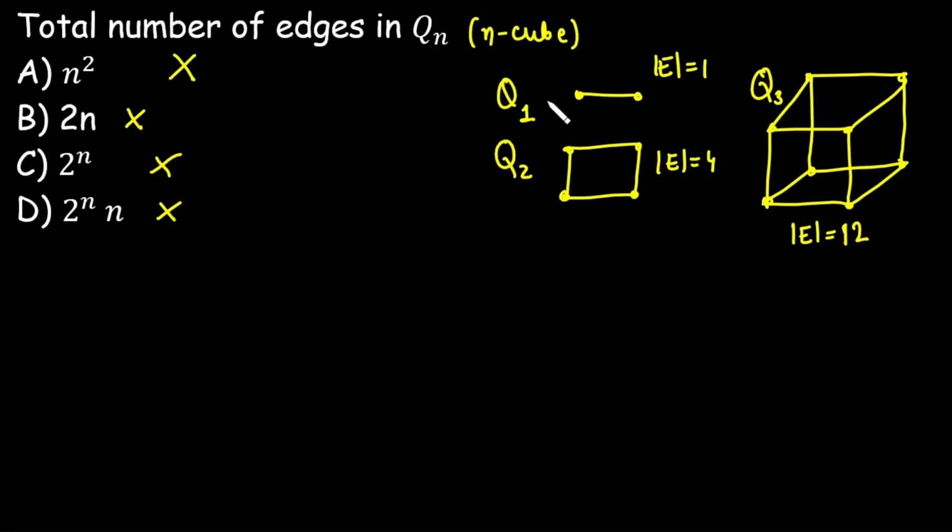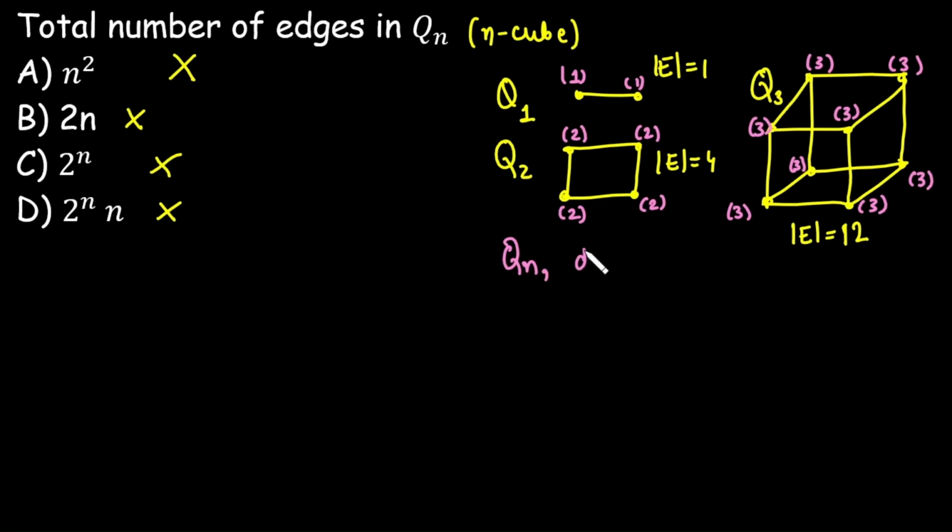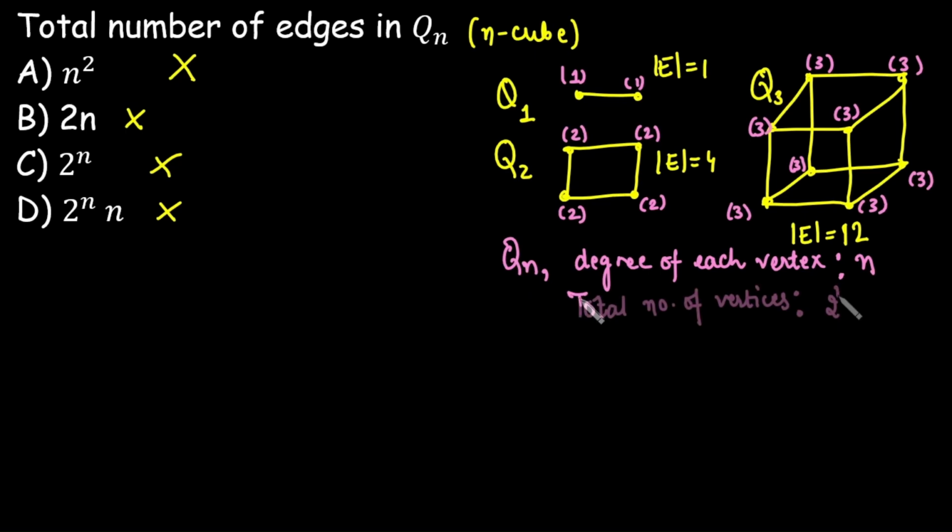It's very simple. We can derive it with the help of the handshaking theorem. First, we need to calculate the degree of each vertex. The degree of each vertex in Q1 is 1. In Q2, 2. In Q3, 3. From here, we can conclude that in Qn, the degree of each vertex is n, because when we are dealing with Q3, the degree of each vertex is 3. For Q2, 2. For Q1, 1. For Qn, it is n. The total number of vertices in a Qn is 2 raised to power n.